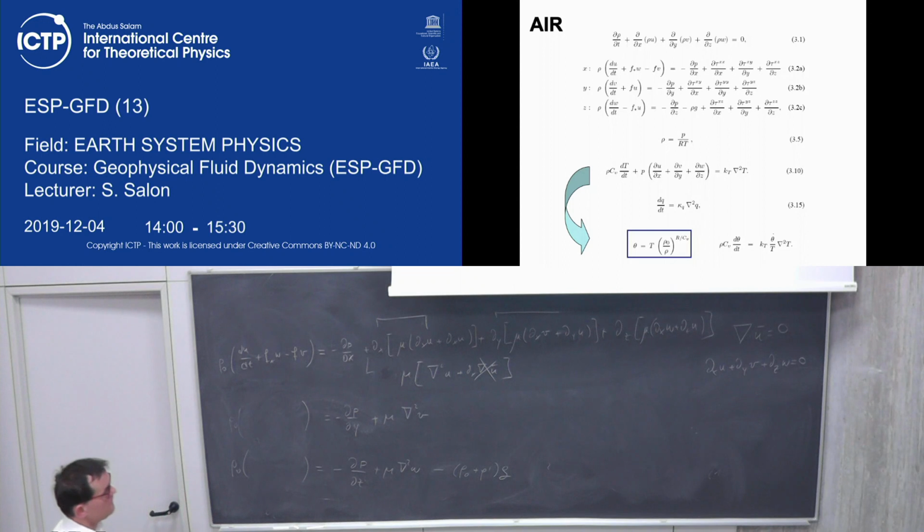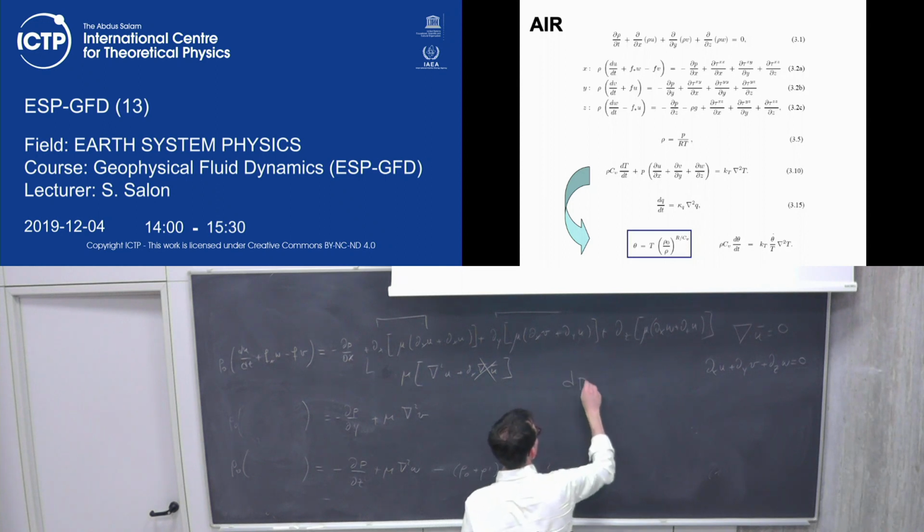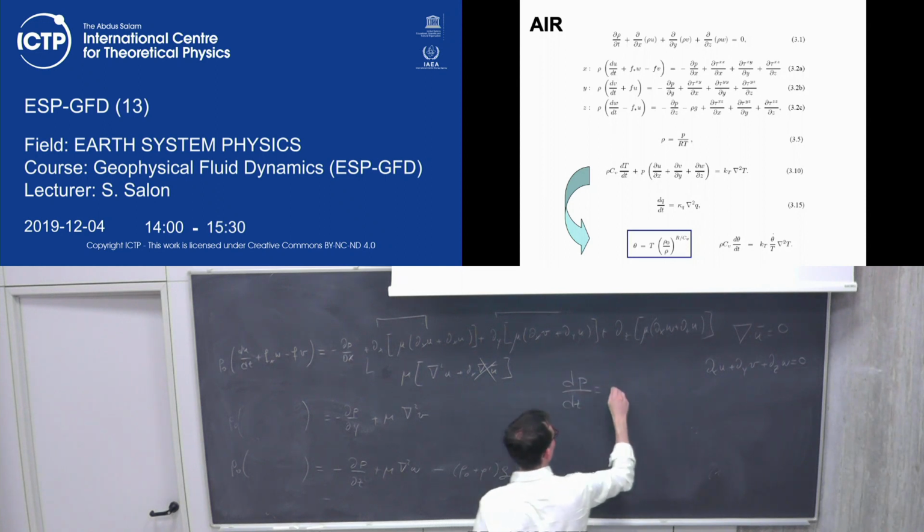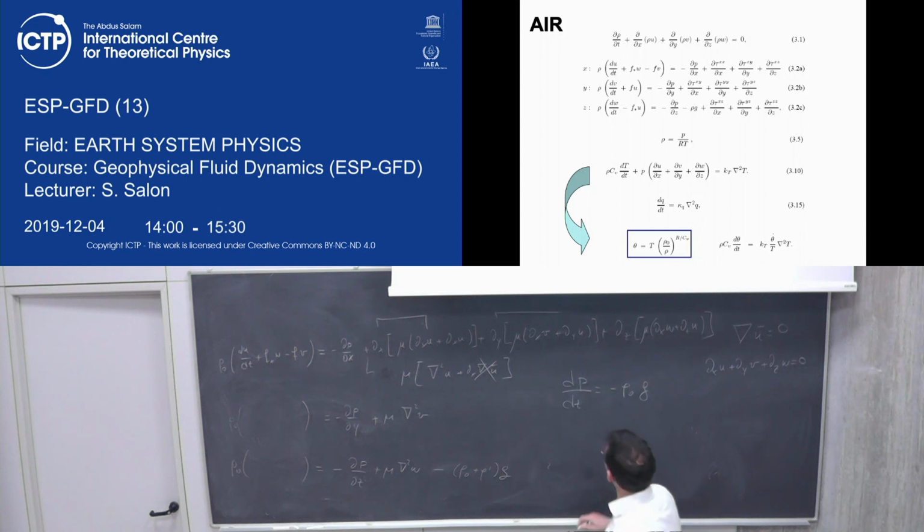Okay, so the vertical component is very specific because we have pressure. And since we want to see how the pressure changes in the vertical, we have to take into account the hydrostatic pressure. Okay, so hydrostatic pressure is simply the variation of pressure in the vertical is equal to minus rho 0 g.